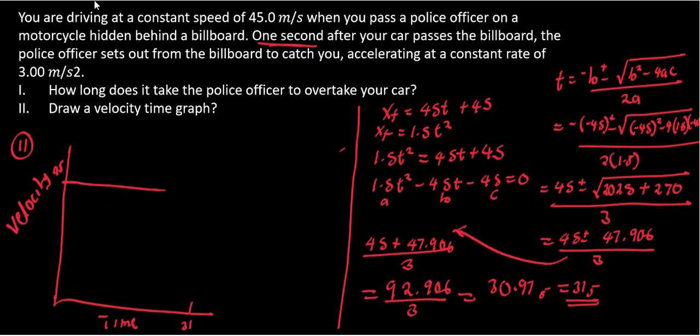Since it was constant, and the police officer started from rest, it was just moving like that up to this point. So that is the car, and that is the police officer. That's all. That's how we will answer this type of question. Straight and simple.